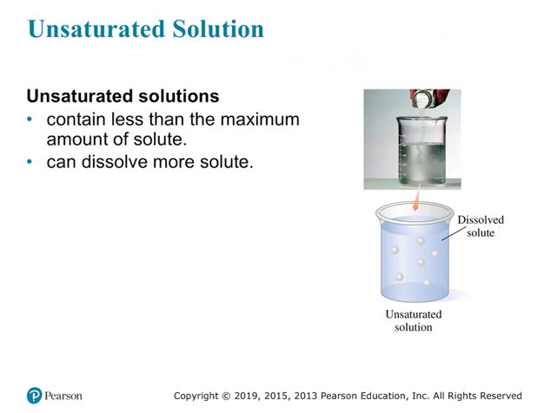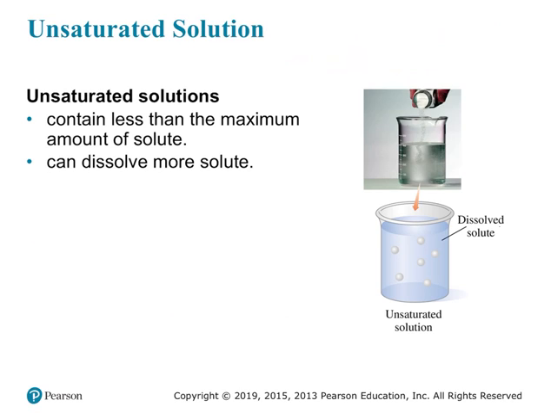All right, so let's talk about different types of solutions now that we know what they're composed of. Unsaturated solutions contain less than the maximum amount of solute, and you could potentially dissolve more solute.